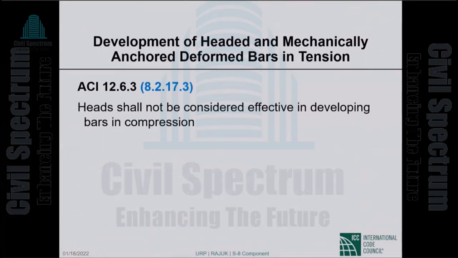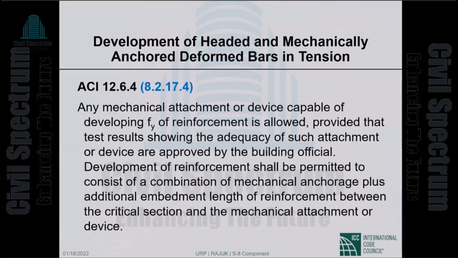Heads shall not be considered effective in developing bars in compression, just like the hooks. Okay, any mechanical attachment or device, not just heads, capable of developing f sub y of reinforcement is allowed, provided that test results showing the adequacy of such attachment or device are approved by the building official.